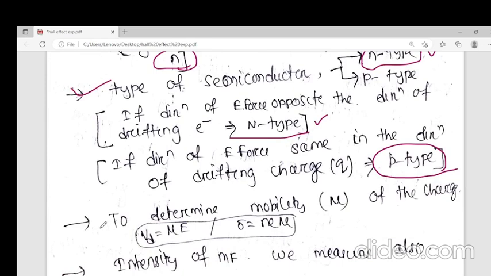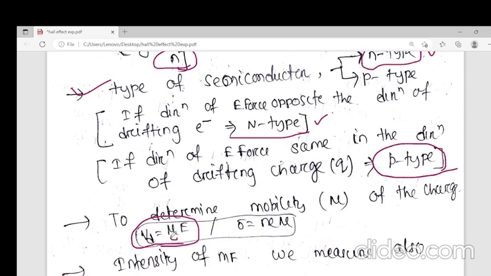So let's see the next application. In the next application, we can determine the mobility of charge carriers. As you know, if an electron has less mass compared to a hole, then the mobility of the electron is more than that of the hole. As you know, Vd equals mu E, where Vd is the drift velocity, mu is the mobility, and E is the electric field.